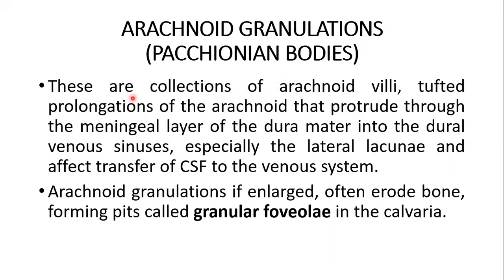These are the tufted prolongations of the arachnoid that protrude through the meningeal layer of the dura mater into the dural venous sinuses, especially the lateral lacunae, and they affect the transfer of the cerebrospinal fluid to the venous system.